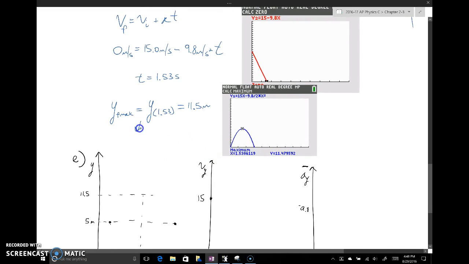Let me show all the work for this here real quick. So we're going to have, and we plug in 0 and 15 meters per second times 1.53 plus negative 9.8 over 2 times 1.53.